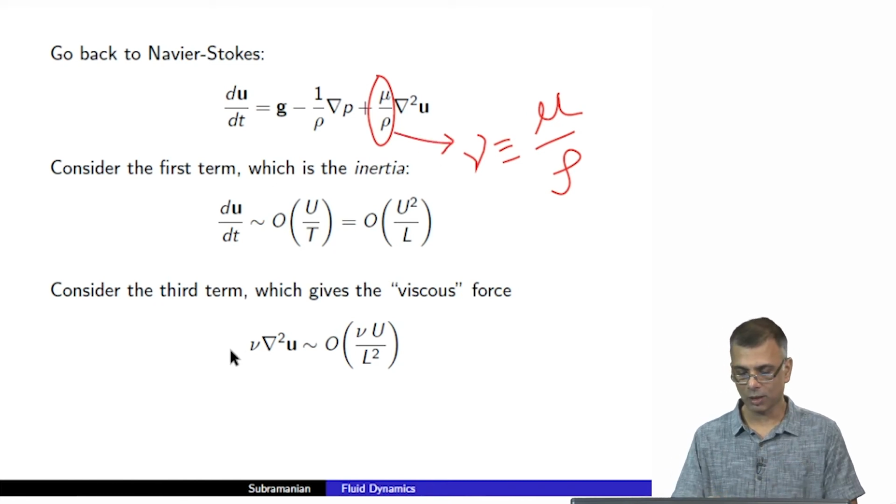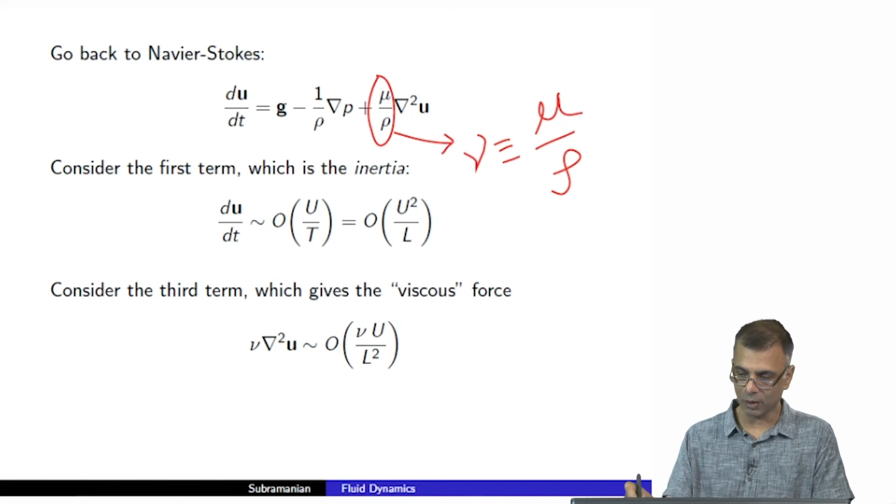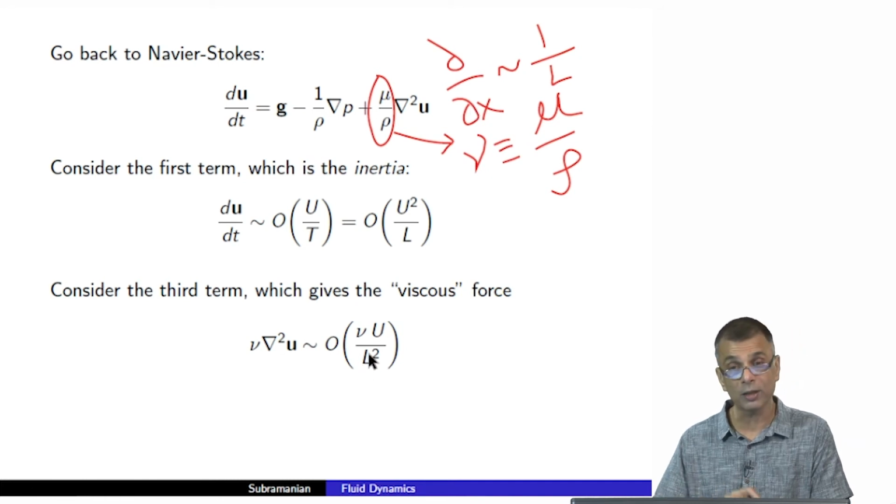That's how I've written things down here. And in order to get the order of magnitude of this term, this is a second derivative of u. So it would be something like U over L squared, because the first derivative would be something like 1 over L. So d squared over dx squared would give me an L squared in the denominator.